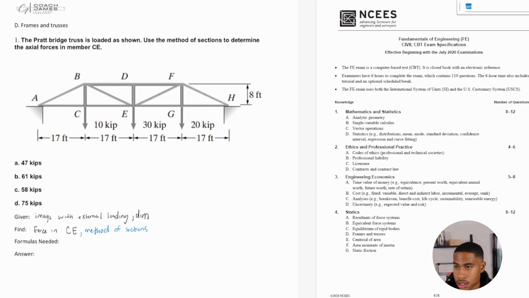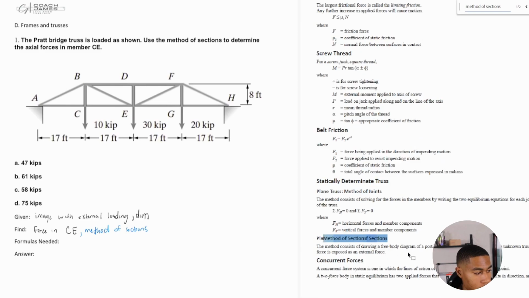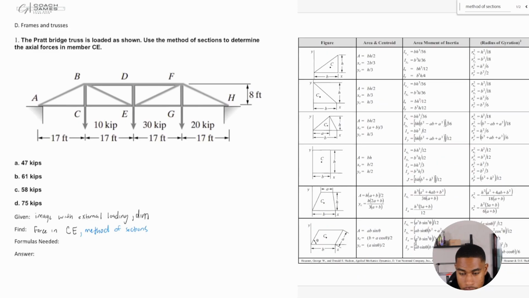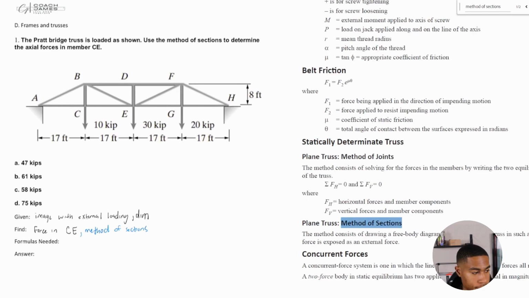Method of sections. Can we search this in our handbook? Method of sections. Okay, two things come up. All right, first thing for a plain truss. Look at here. All right, hopefully you're following along with me.